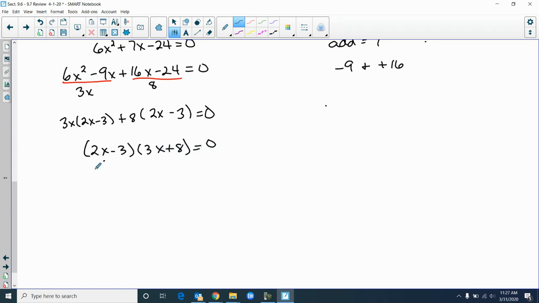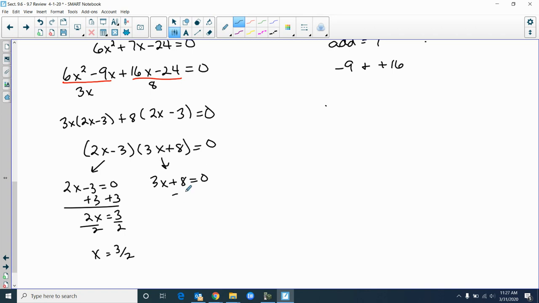All right, not done. 2x minus 3 equals 0. 3x plus 8 equals 0. Add 3. Divide by 2. X equals 3/2. Subtract 8, divide by 3. X equals -8/3.